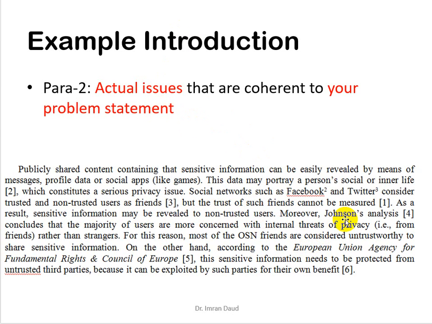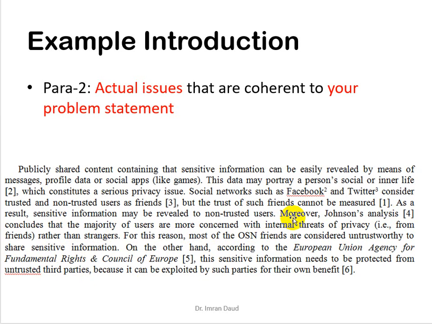Moreover, there is one author who has analyzed something, cited it, and concludes that the majority of users are more concerned with the internal threats to privacy, that is friends, rather than strangers. So why has he included this comment right here?